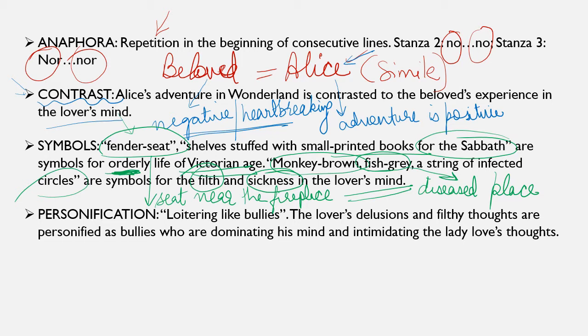The last poetic device is personification. So the poet uses personification or personifies his own thoughts. Delusions are the poet's own or the lover's own thoughts, and he says his thoughts are like bullies.